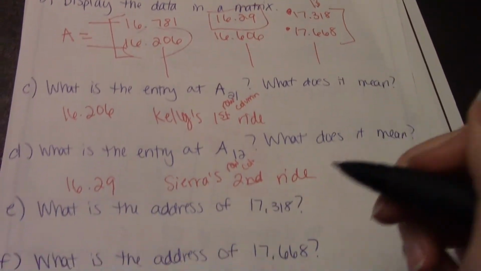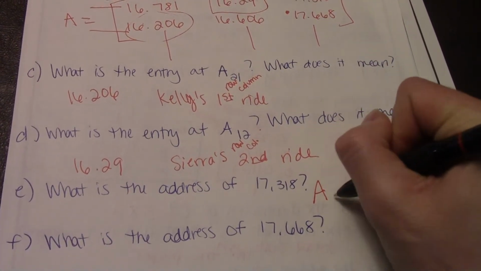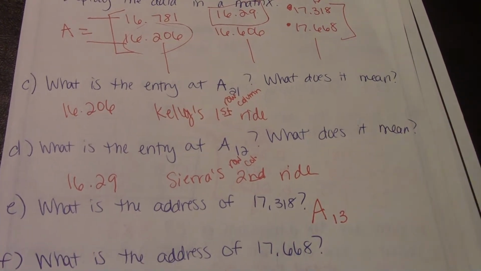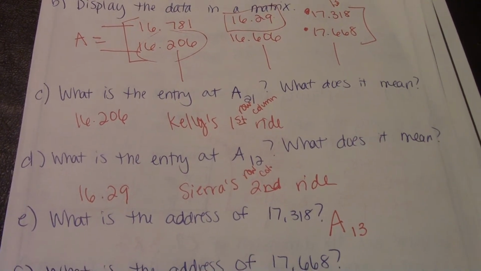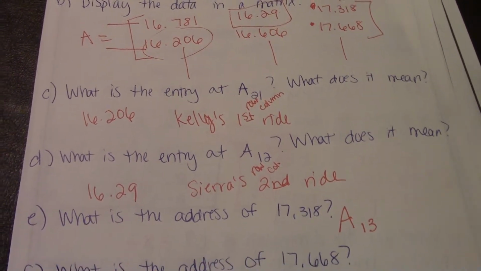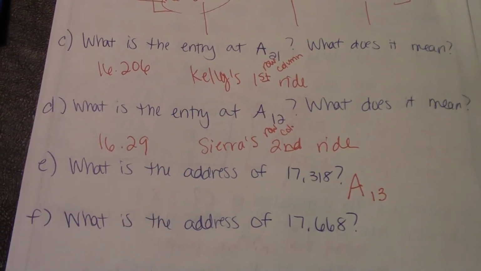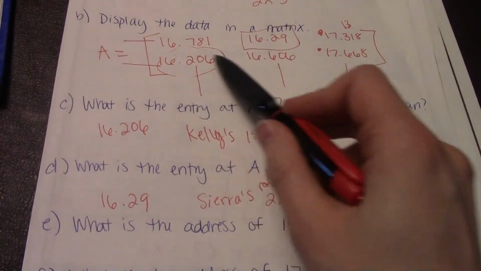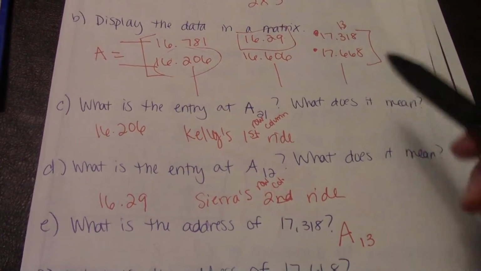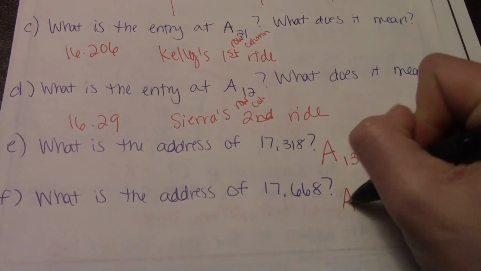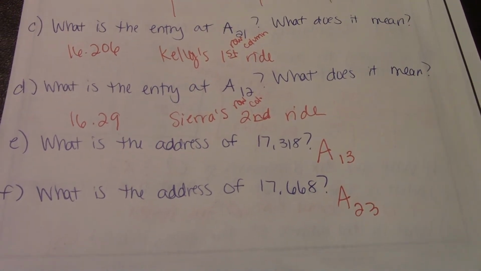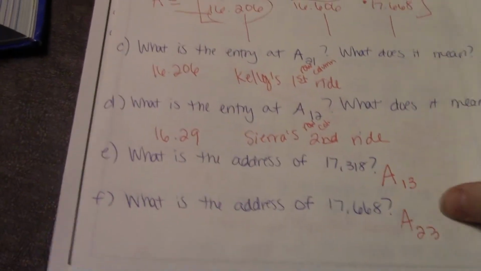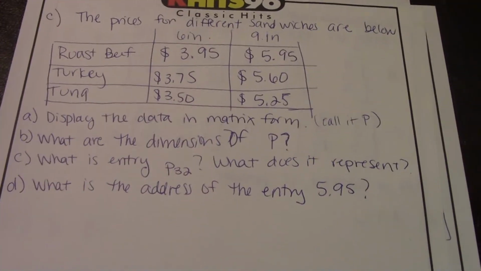So this needs to be A, little 1, little 3. That is A13. Now we also want to know the 17.668, which is right here. So that is second row, 1, 2, 3 column. So that is A23, little 2, little 3. Here are some for you to try on your own.